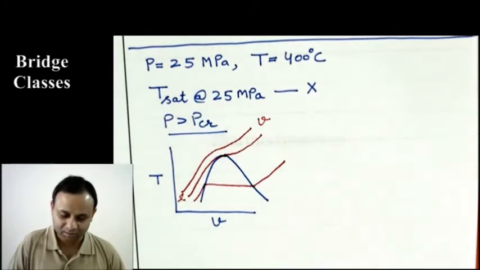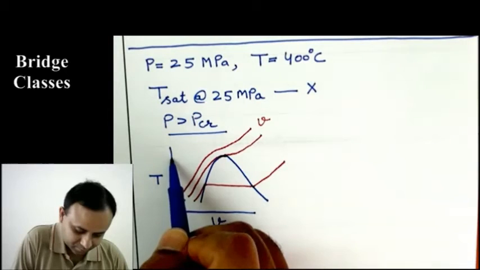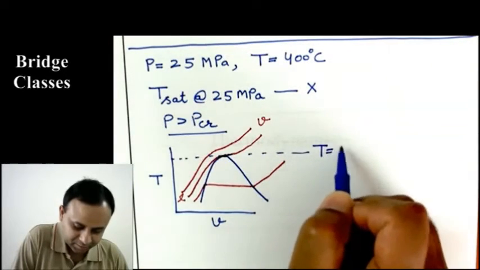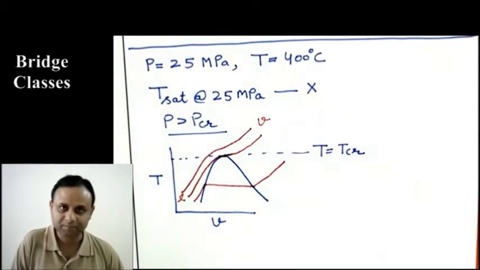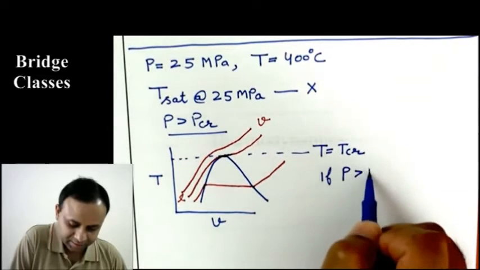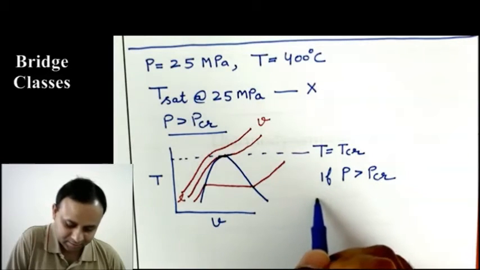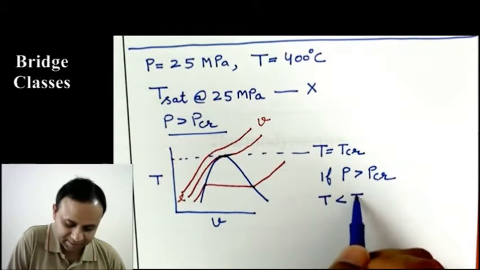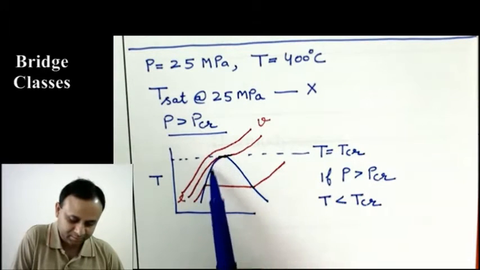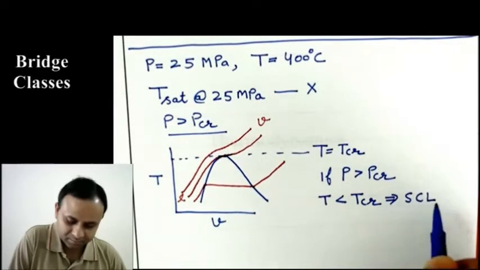But the convention is, this corresponds to critical temperature. So if pressure is greater than critical pressure, then the convention is, if temperature is less than critical temperature, that means it is in this region, it is called subcooled liquid.